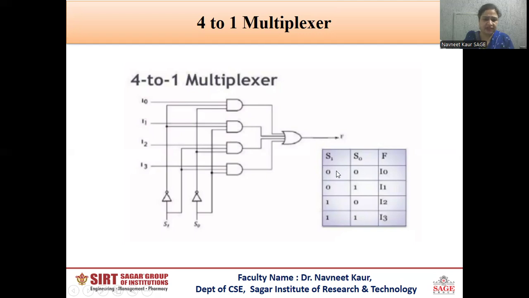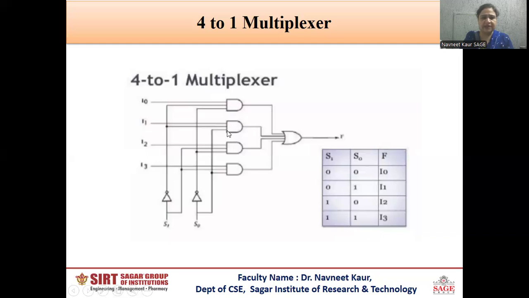Now, if the 2 selection lines S1 and S0 are 0, 0, then I0 will be connected. So, the first AND gate will have input I0. Since S1 and S0 are both 0, S1 and S0 will be given to the inverters and the output of the inverters will be given to the first AND gate input. Now, for the second combination of S1, S0, which is 0, 1, the second input I1 will be selected.